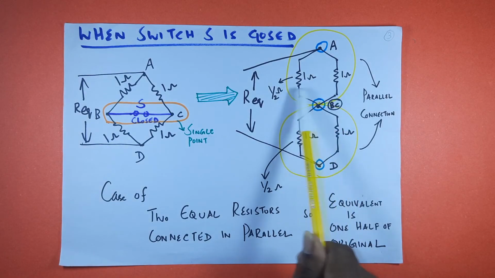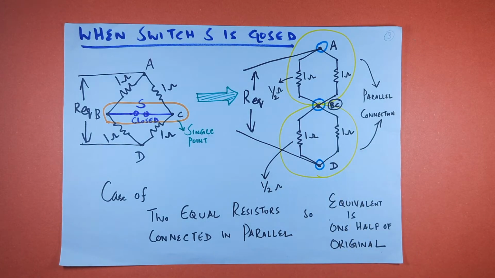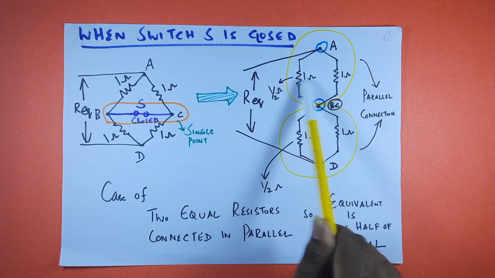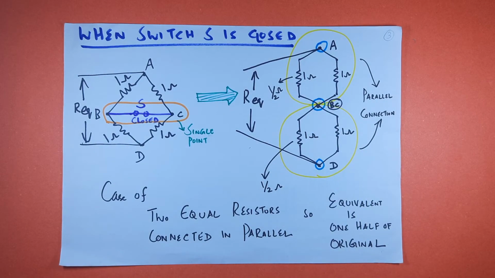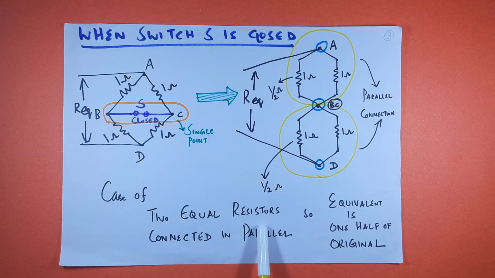The first two 1 ohm resistors are connected in parallel because A is one common point, BC is another common point. Likewise, the bottom 1 ohm resistors are connected in parallel because BC is one common point, D is another common point. So it is a parallel connection. Again, equal resistors connected in parallel, so its equivalent is going to be half ohm. This is also half ohm. So it is a case of two equal resistors connected in parallel, and the equivalent is 1/2 of the original.